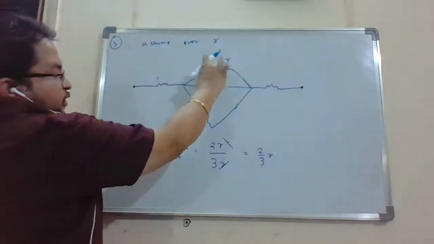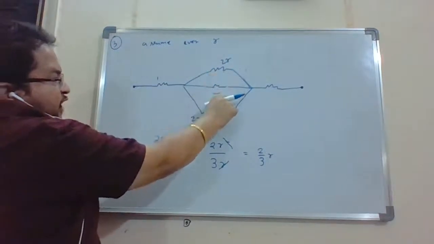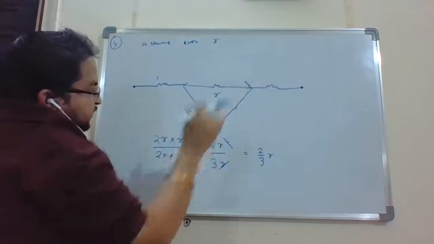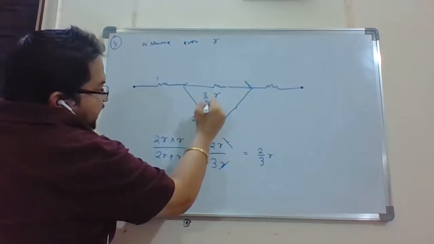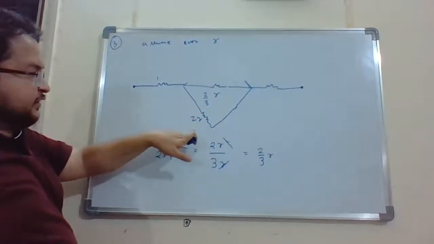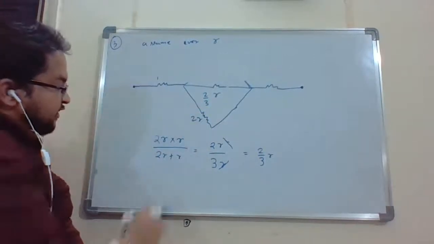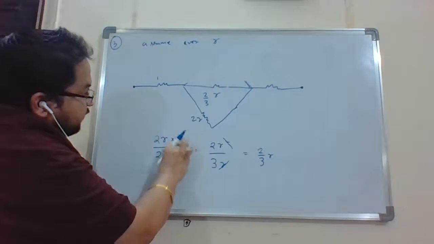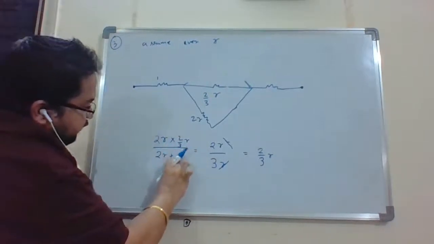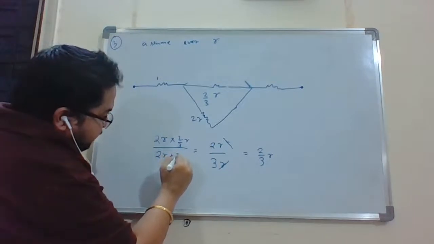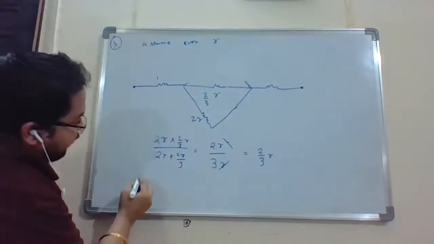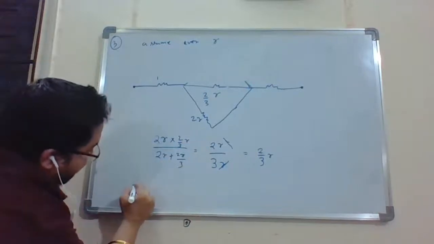Now for these two, 2R and R, I can write one resistor, which is 2 by 3R. Now this 2 by 3R and this 2R are again parallel, so 2R into 2 by 3R over 2R plus 2R by 3.